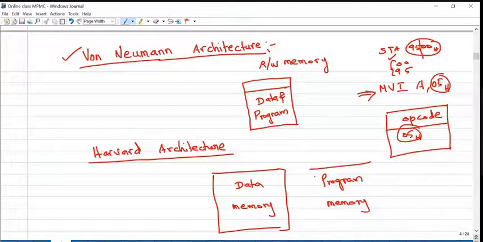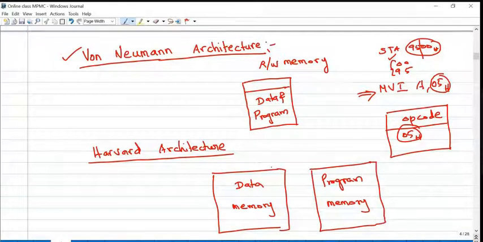This kind of architecture is called Harvard architecture. So these are some basics about what architectures are available in general.